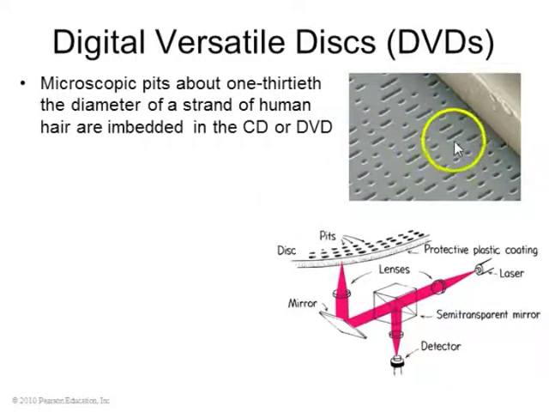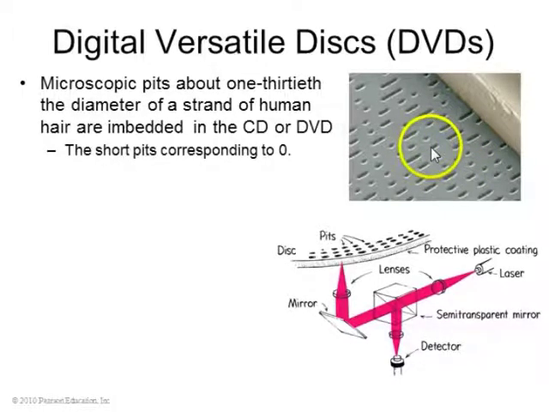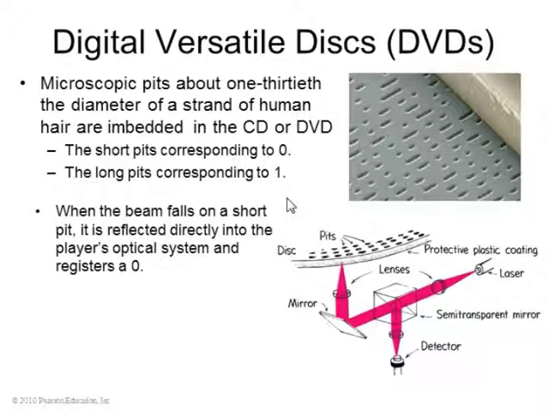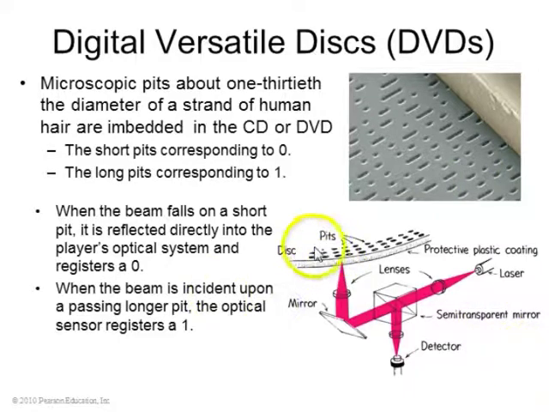So this is a microscopic image showing pits, where each little short pit corresponds to a 0, a long pit corresponds to a 1, and many of these pits form binary numbers, and each binary number tells you the amplitude of the sound. And then when it gets played back, all that amplitude tells the speaker how to move and how to create that pressure versus time wave, and that's how we hear exactly the music that was originally recorded.